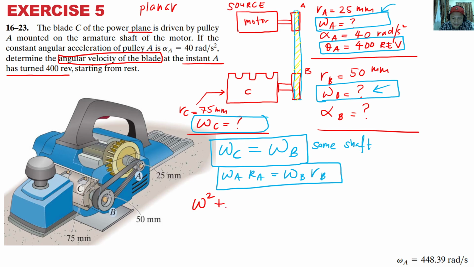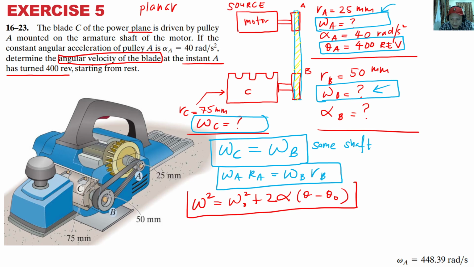Omega squared is equivalent to omega naught squared plus 2 alpha theta minus theta naught. I use this one. This one will give you a lot of information. There is no time.